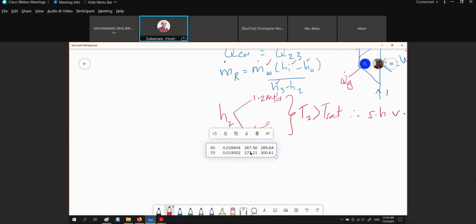So please get what is the enthalpy right here. Where is our 65? This is our 65. Then we need the value of enthalpy. This is H2. So please get the H2 for me.